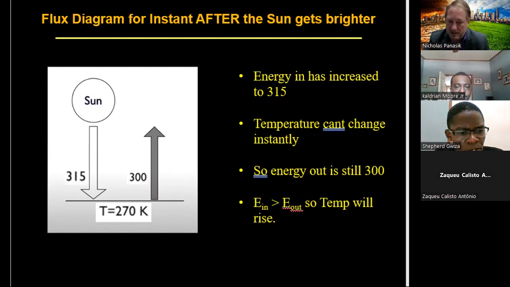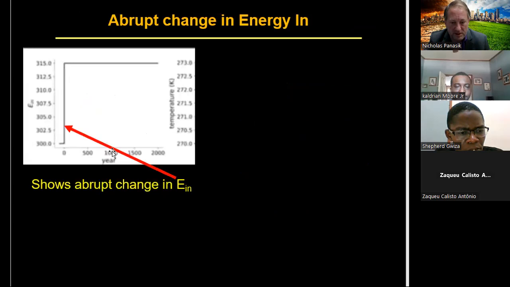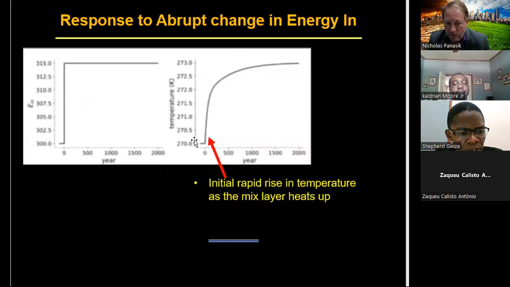And so if we plot this out, this is year 0. This is showing energy in right over here. So we get this abrupt change of energy in. And now if we were to look at the surface temperature, it was at 270 and now it's going to start increasing.